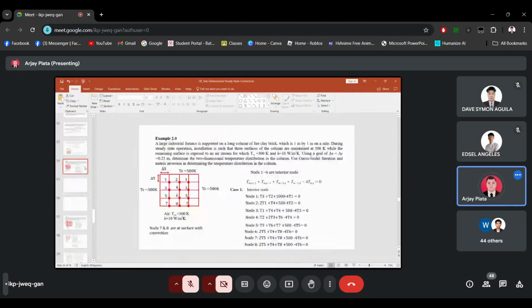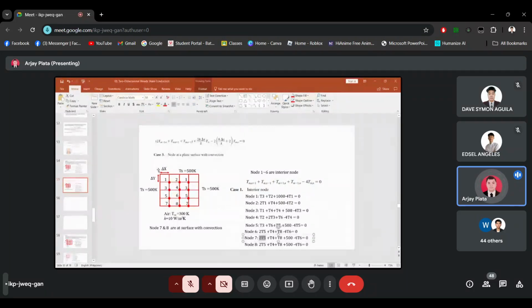Going back. Okay, so this is nodes 7 and 8. Okay, so node 7, you have 2Tm-1,n.